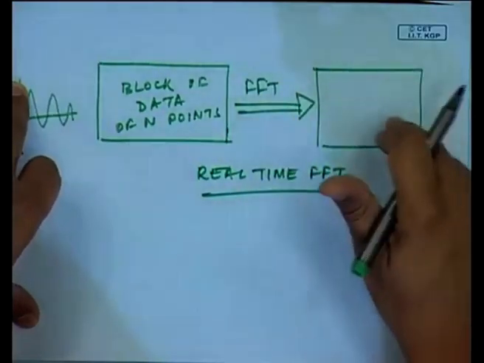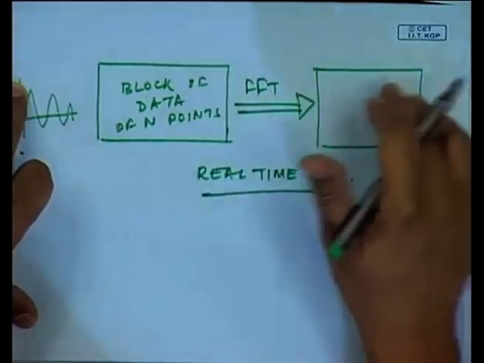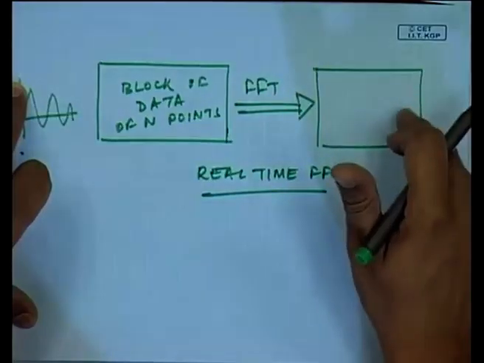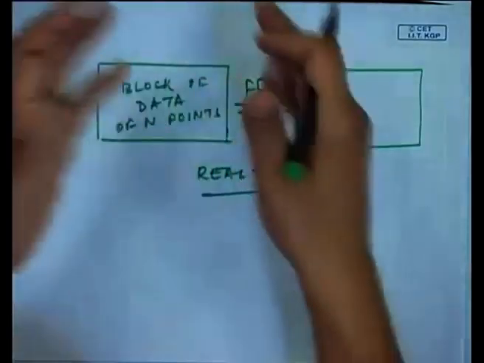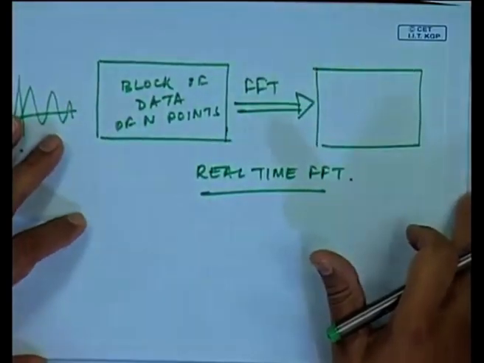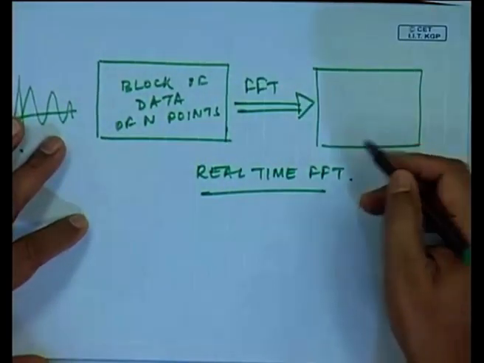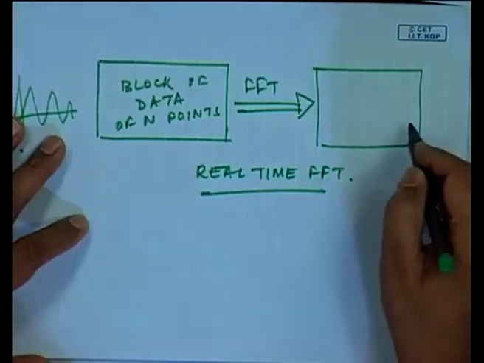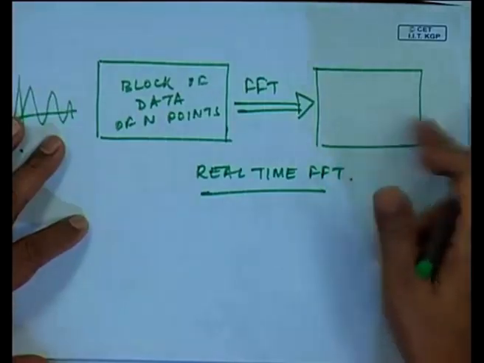So, FFT computations are done on the fly, quickly, efficiently, before the next block of data comes. That is what is known as real time FFT. The analyzer processing has to be very fast. Nowadays, computers are very fast, so we can do it very quickly.